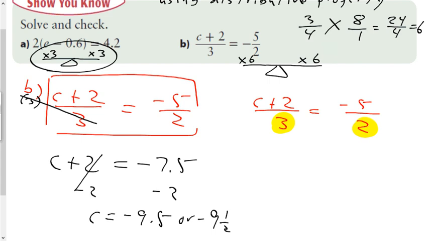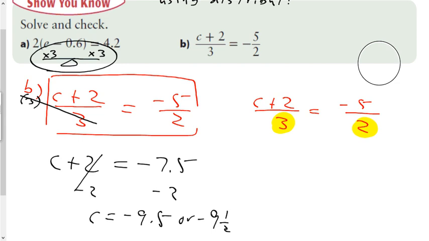If I take that 3/4 and multiply it by 12, another multiple of 4, I will end up with 36 over 4, which is equal to 9. So anytime you multiply a fraction by a multiple of the denominator, you will end up with a whole number. So if I apply that idea to this question, then multiplying both sides by 6 should create non-fractional sides. Does that make sense?